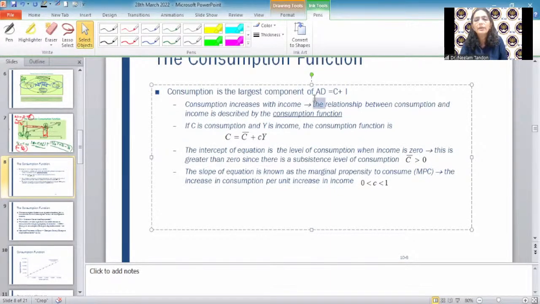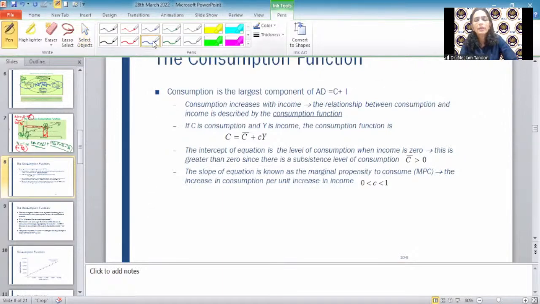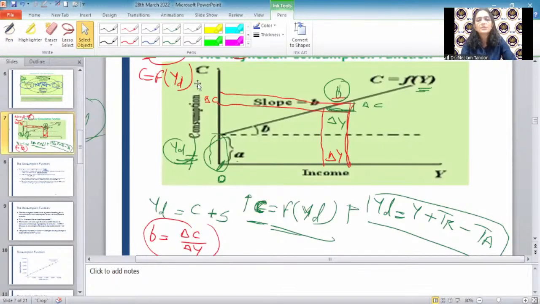Aggregate demand depends on what? Consumption and investments. We have already discussed consumption demand and investment in the country, and consumption demand is what we are talking about today.